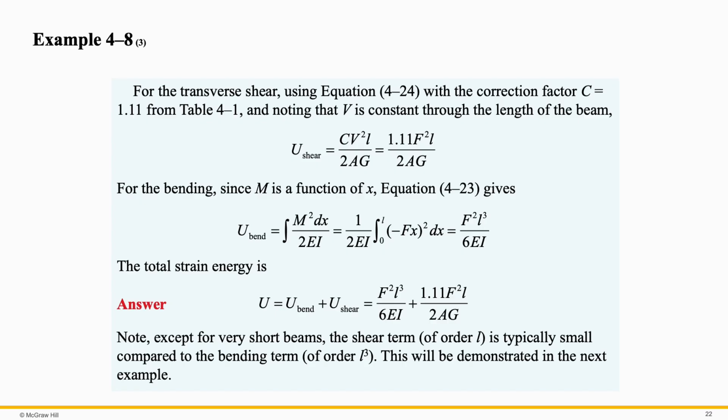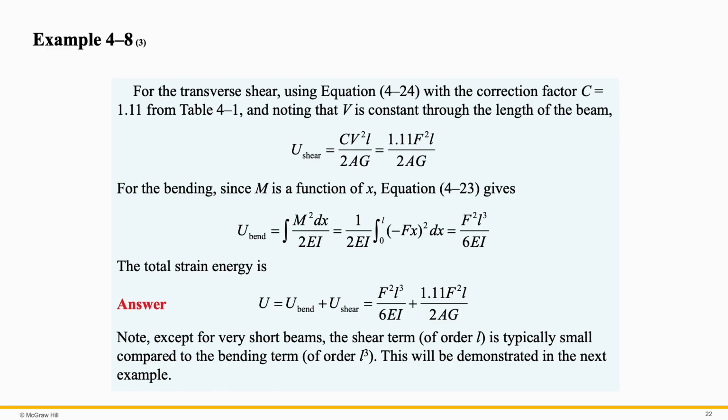The shear force is equal to F. A is the cross-sectional area, G is the shear modulus, and M represents the bending moment, which is a function of x. We replace M by negative Fx in order to determine the strain energy due to bending moment here. And we take the integral here from 0 to L. So this is the component of the strain energy due to bending moment, and this first one is the strain energy due to transverse shear. And the total strain energy developed in this structure is equal to the sum of these two components.